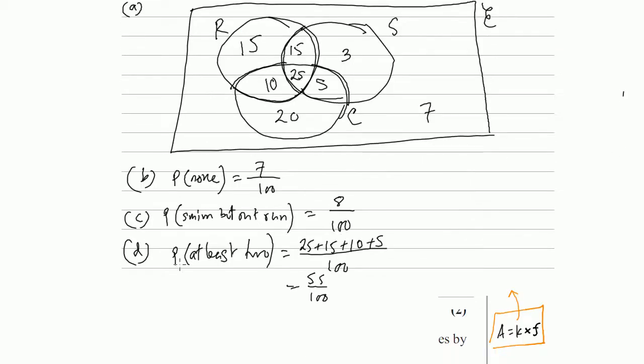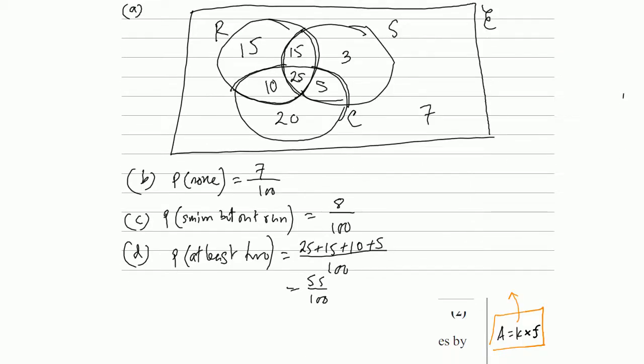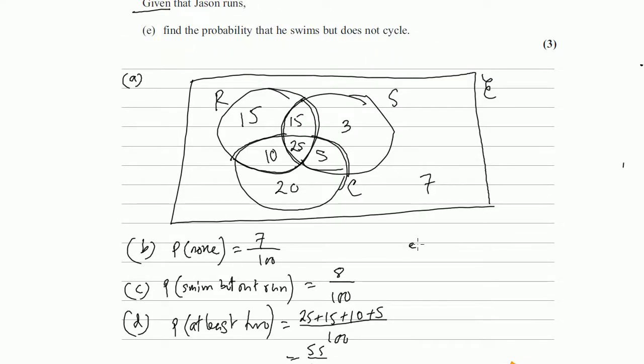So probability given run, you have to find the probability that does not cycle. So not cycle. How many people run? 65 people run.